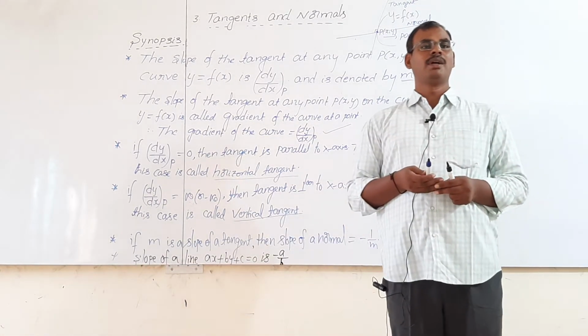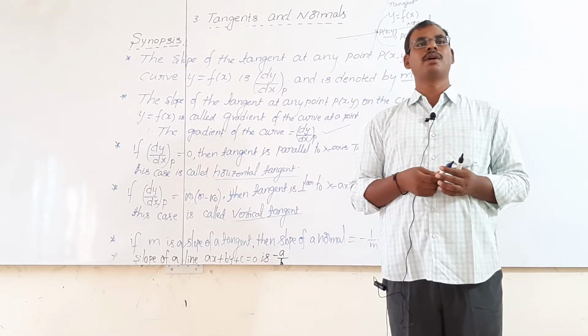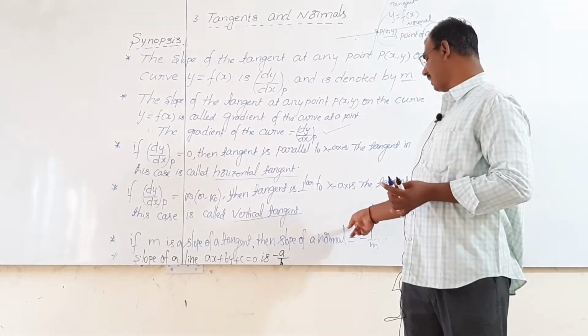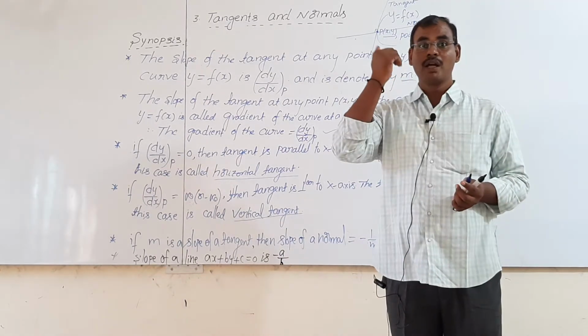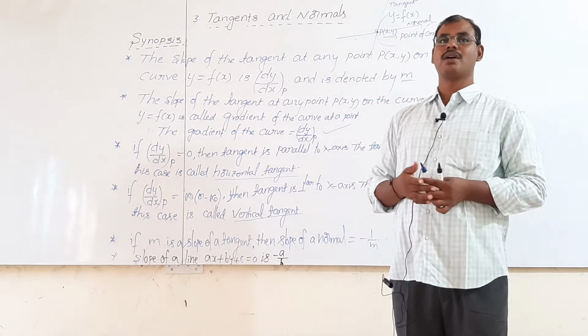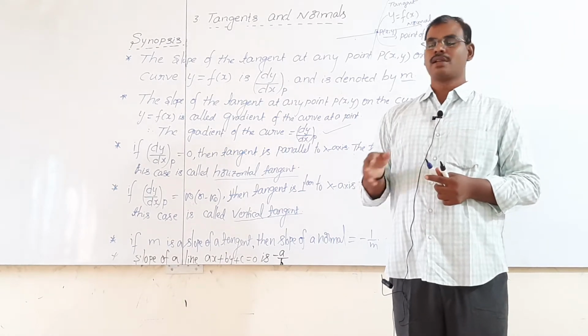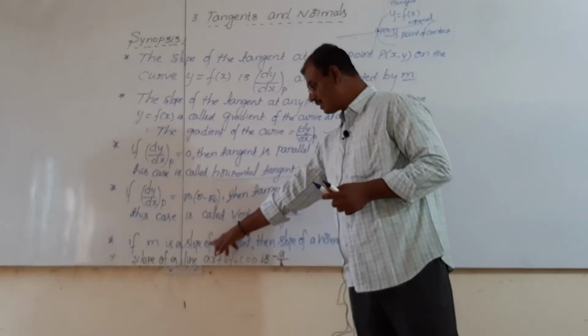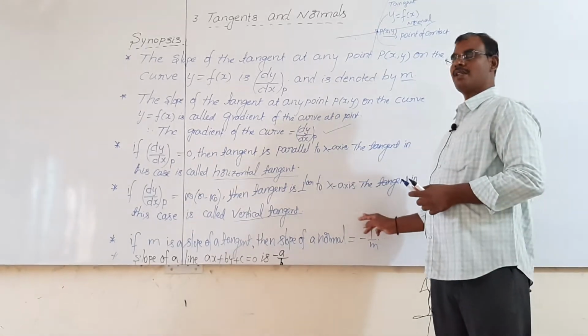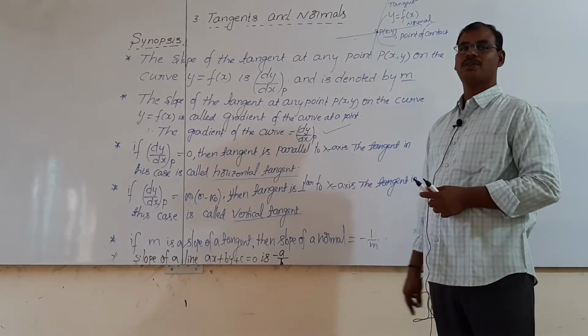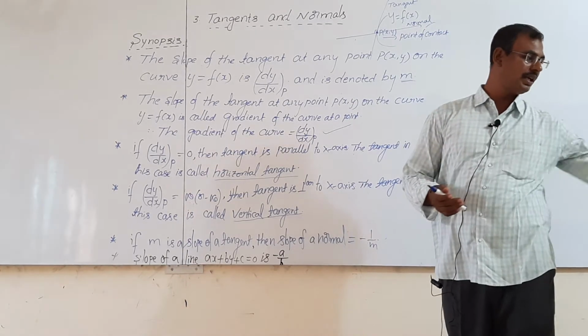All of you remember, the slope of a normal is equal to minus 1 divided by m. It is also called the perpendicular slope. If m is a slope, then the perpendicular slope is equal to minus 1 divided by m.